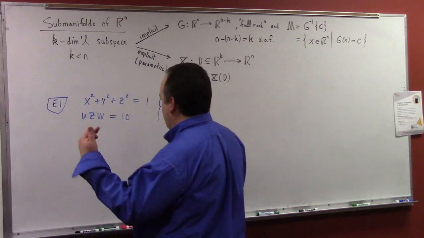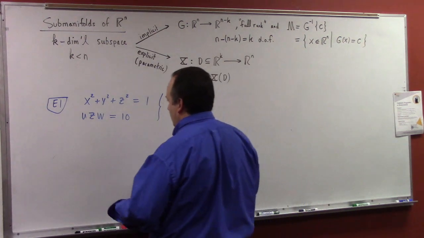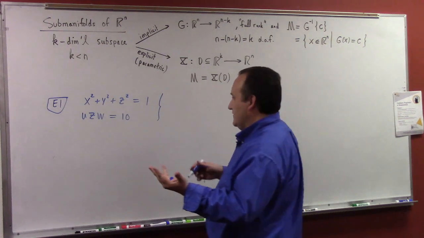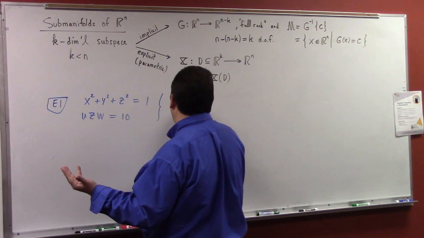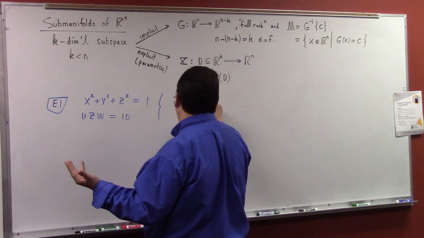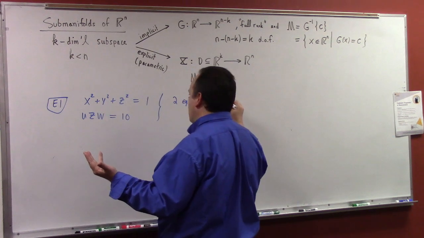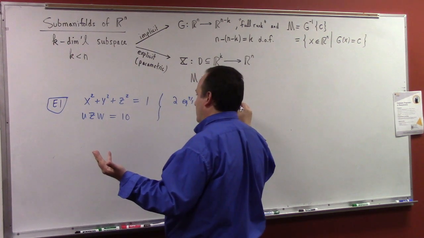So I'm describing some wacky surface. How many letters do I have going on here? X, Y, Z, U, and W. So this is 5-dimensional. These are 2 equations in R5, and for R5 I'm using Cartesian coordinates X, Y, Z, U, W.